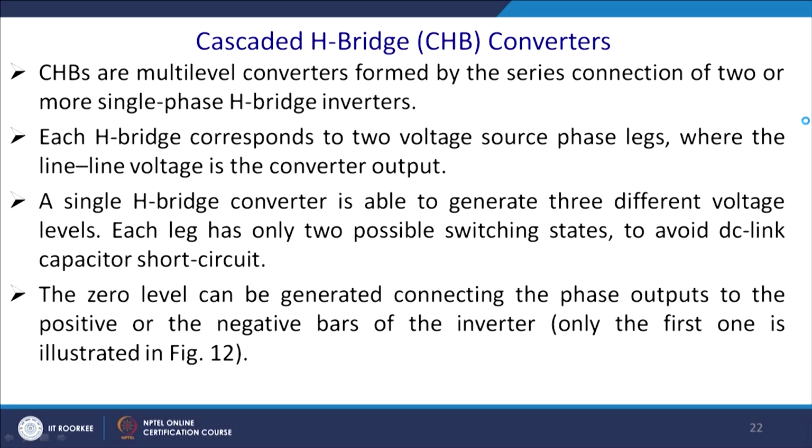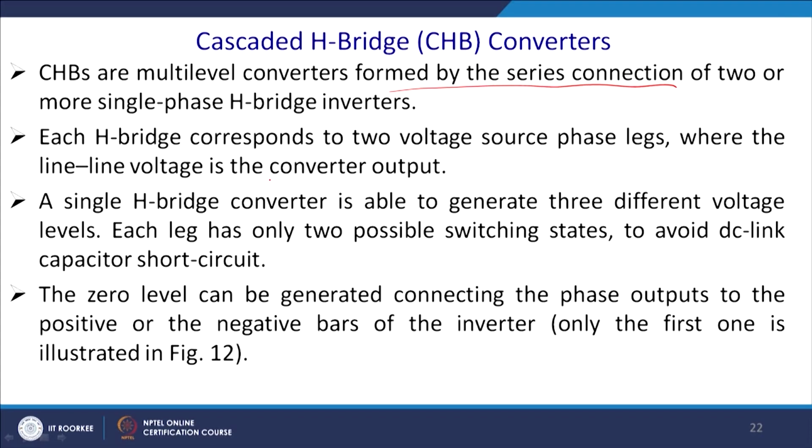Another important topology is the cascaded H-bridge, a multi-level converter formed by the series connection of 2 or more single-phase H-bridge converters. Each H-bridge corresponds to 2 voltage source phase legs, where the line voltage is the converter output.